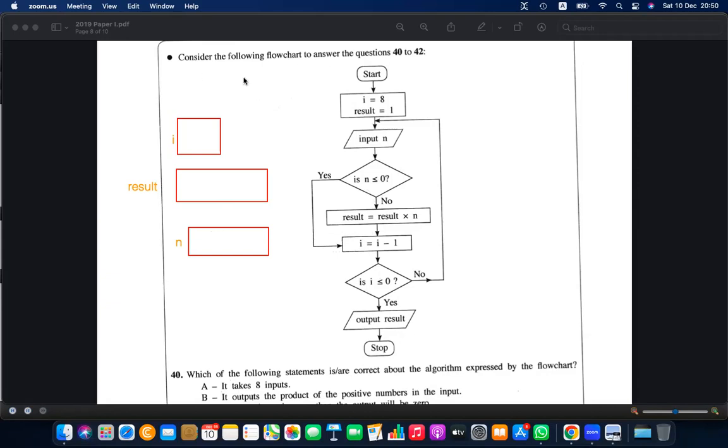How to do this? I is 8 initially. So let's put that value 8 there. I is 8. Result is 1 initially. Let's put 1 there. Right? Input N.